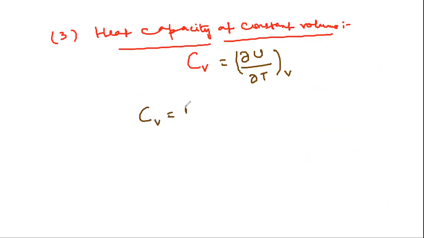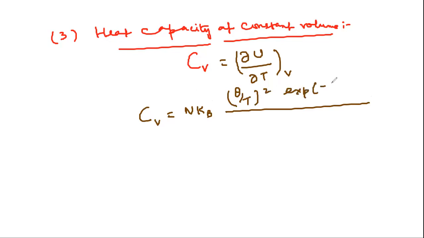Cv is equal to N kb, then I have theta over T squared, exponential of minus theta over T. Then in the denominator, I have 1 plus exponential of minus theta over T, whole squared.